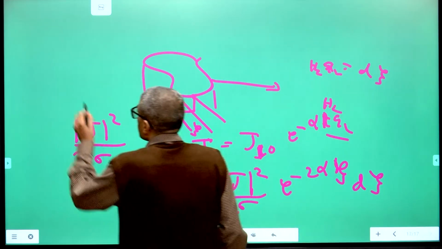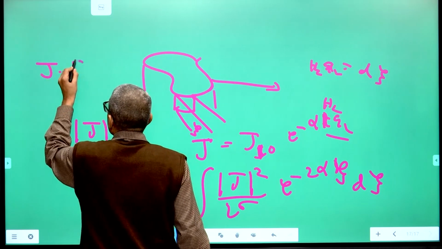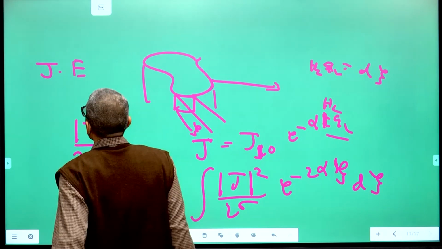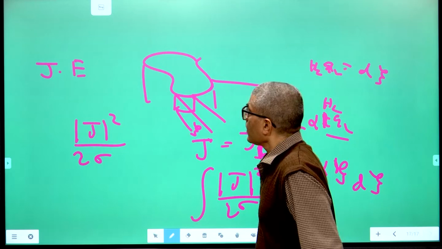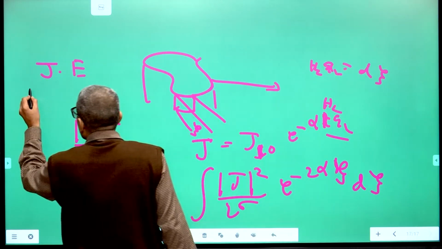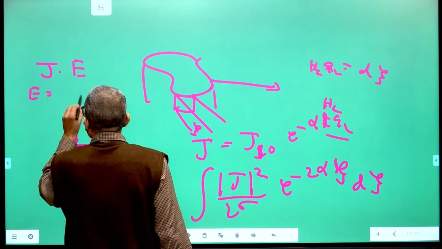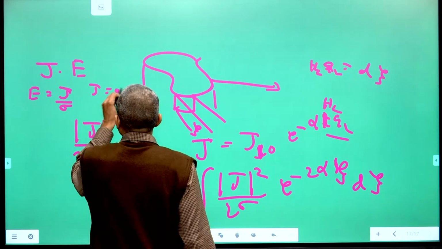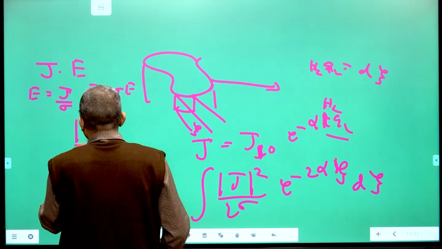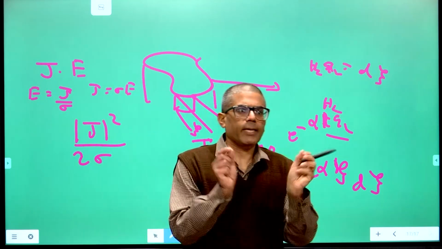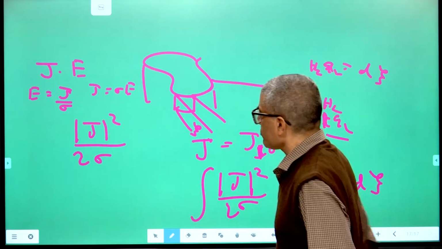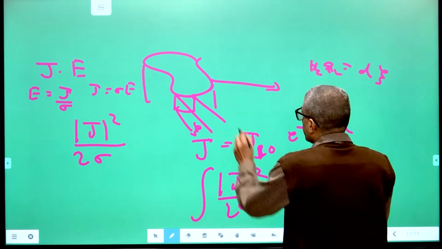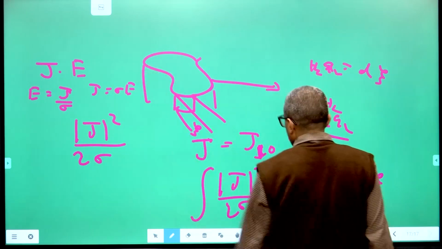That is because the power dissipated per unit volume is E dot J, and by Ohm's law, since the conductivity is high, E is equal to J by sigma, or equivalently J equals sigma E. You take a half factor because they are all sinusoidally varying with time and you take time averages, so that half factor comes from there.